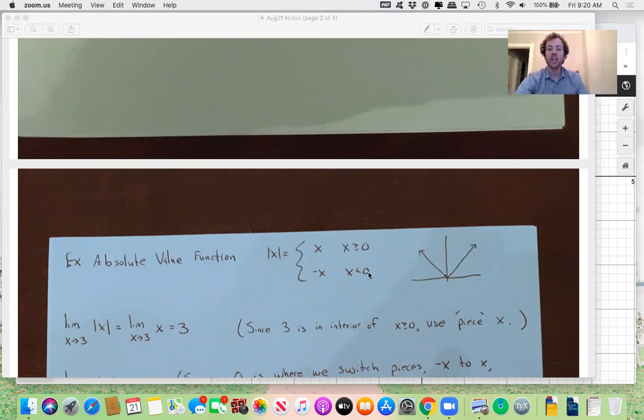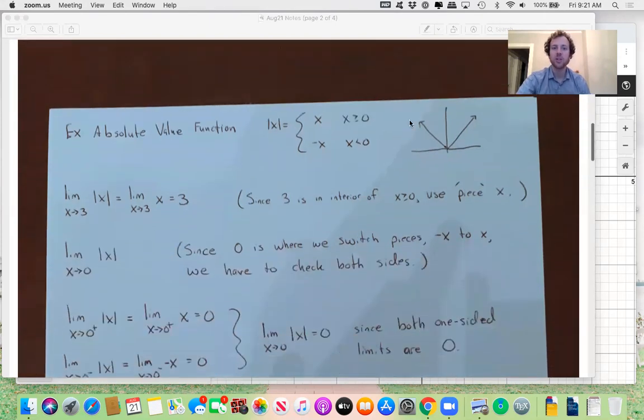If you input a negative number, output minus x. So it always gives us things greater than or equal to 0. In particular, in this case, if you put in a negative, you give it another negative sign, and that becomes positive. And it has this familiar V-shape graph.